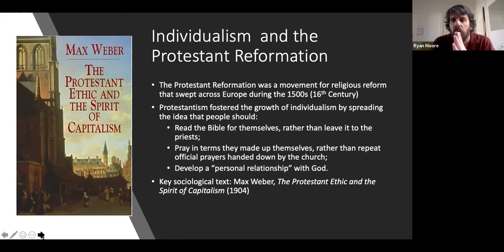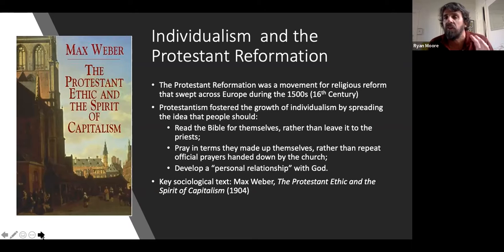And Weber's argument, in some ways, is a kind of challenge to Marx and to what Marx will call his method of historical materialism. Weber is suggesting that intellectual, religious, cultural factors actually had a causal effect in reshaping Western societies.